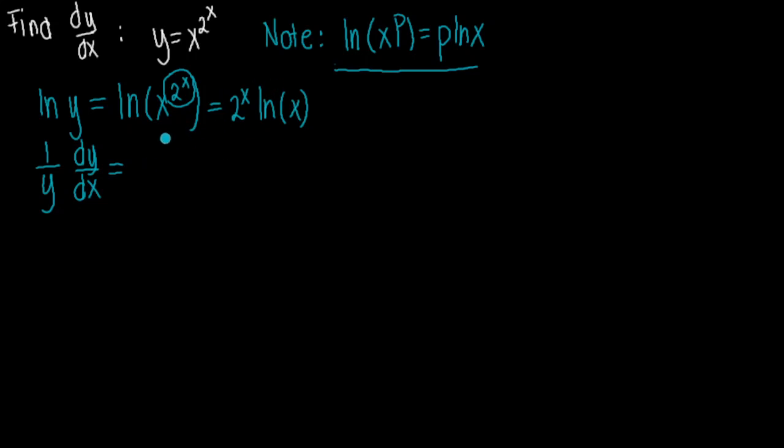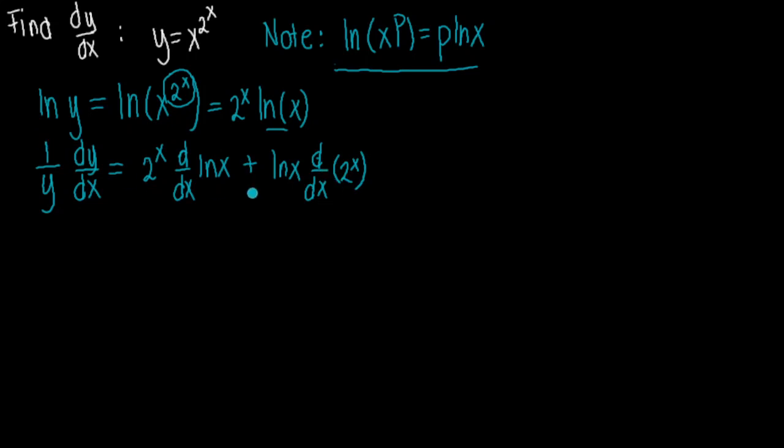This is done by the product rule, and the product rule says that the derivative of that expression is 2 to the x times the derivative of ln x with respect to x, plus ln x times the derivative of 2 to the x with respect to x.